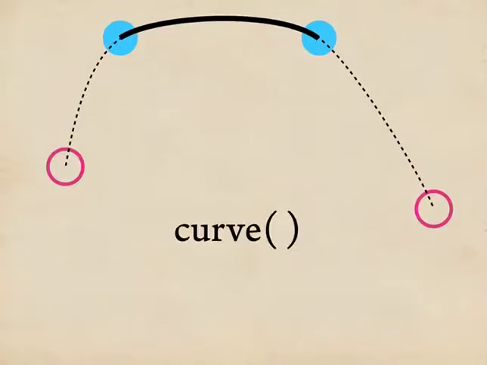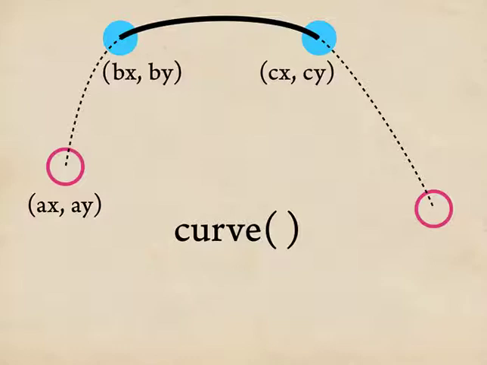You call curve. Curve takes 8 arguments, but they're perfectly reasonable. Let's see where they come from. The first control point has 2 coordinates, x and y, and I'll call them ax and ay just to give them a label. The second point is at bx, by, the third point at cx, cy, and the fourth point at dx, dy.